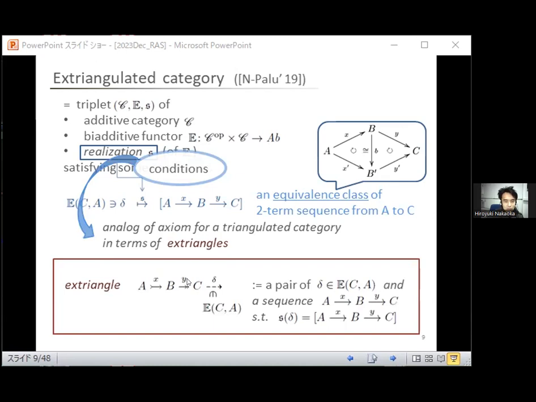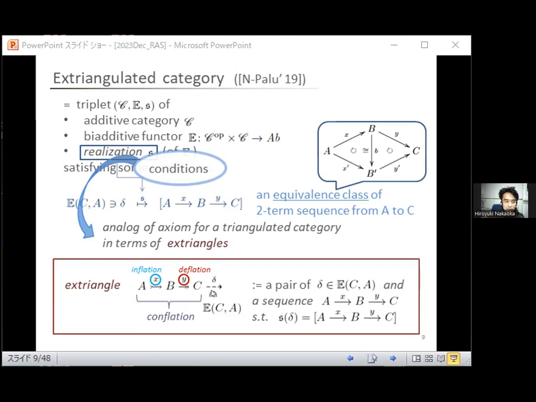In such an extriangle, the morphism x on the left is called an inflation, and the morphism y on the right is called a deflation, just as in the case of an exact category. The sequence appearing here is called a conflation.